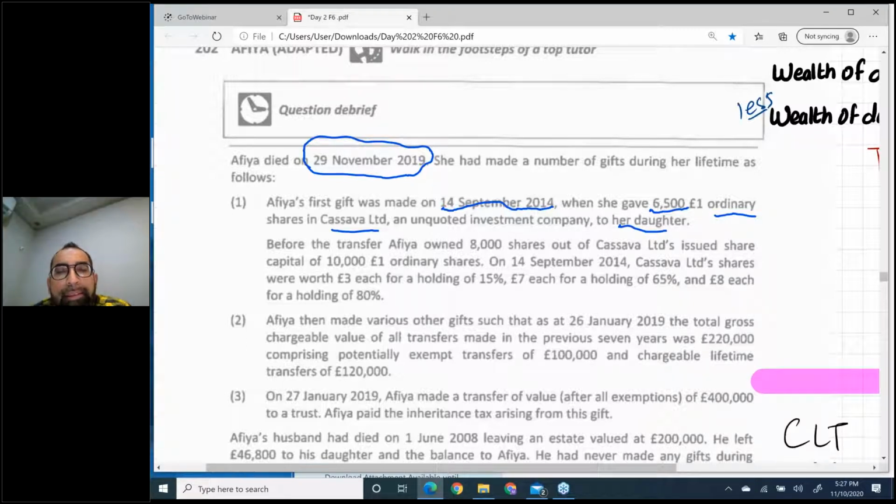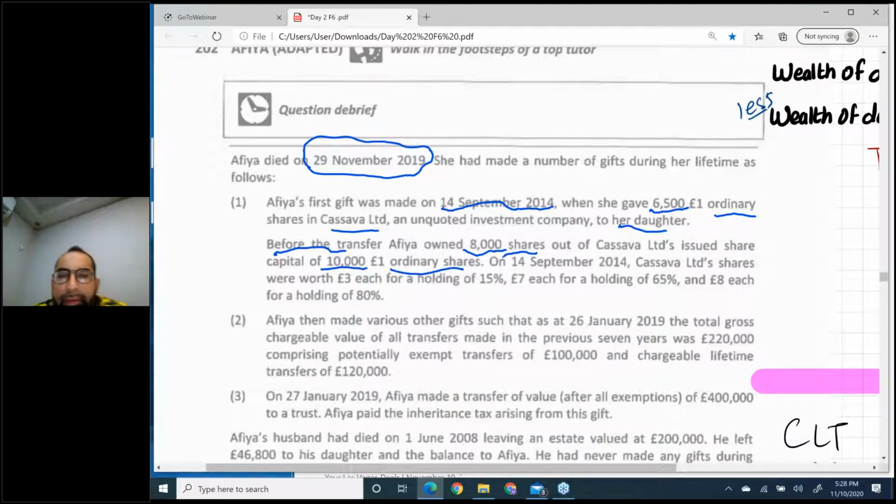Now, sometimes in a question like this, you have to calculate the decrease in wealth of the donor. Sometimes they give it ready-made, and sometimes you have to calculate it. Let's calculate. Before the transfer, Afia owned 8,000 shares out of Cassava Limited's 10,000 ordinary shares.